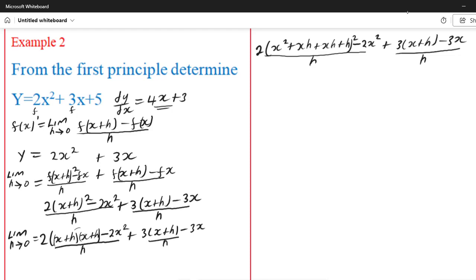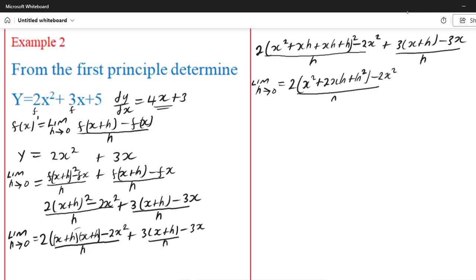So we open the bracket. First of all, we did what is in the bracket, and now we have limit of h as it approaches 0 will be 2 times (x squared plus xh plus xh, which will give us 2xh, plus h squared), close the bracket, minus 2x squared.